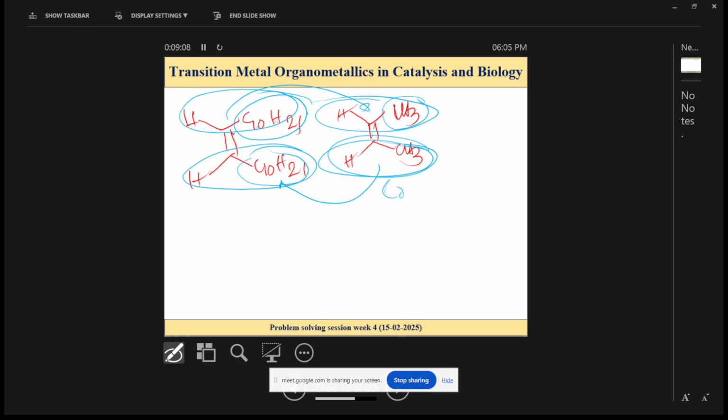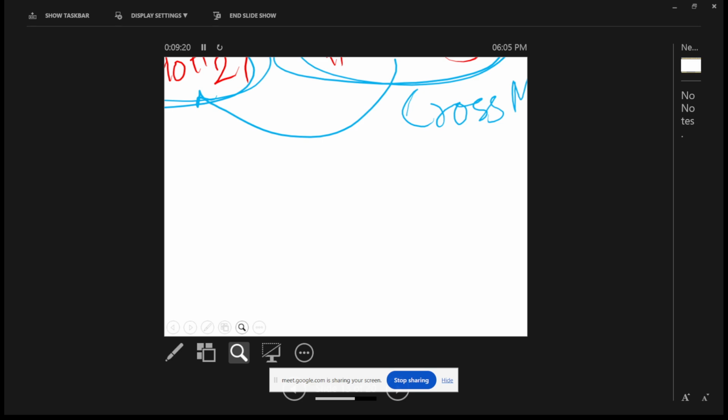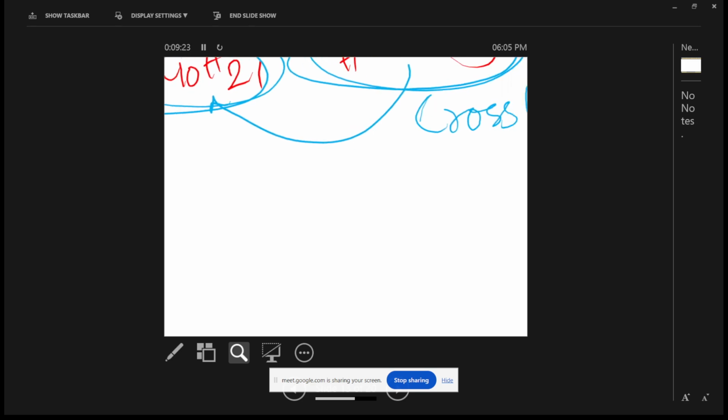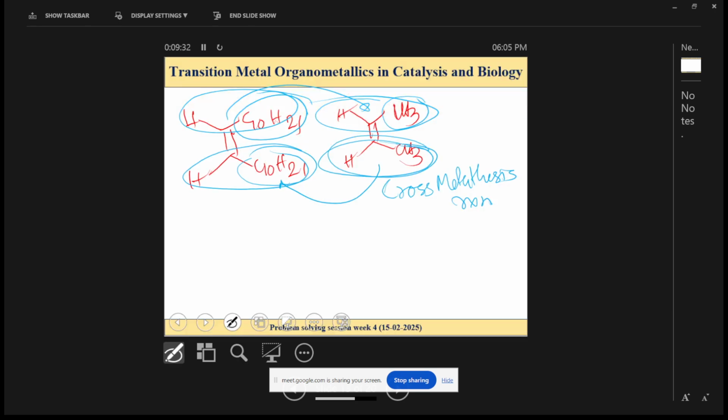This is an example of a cross metathesis reaction. So what will happen? It will form C10H21 double bond CH3, and two molecules of this will form.